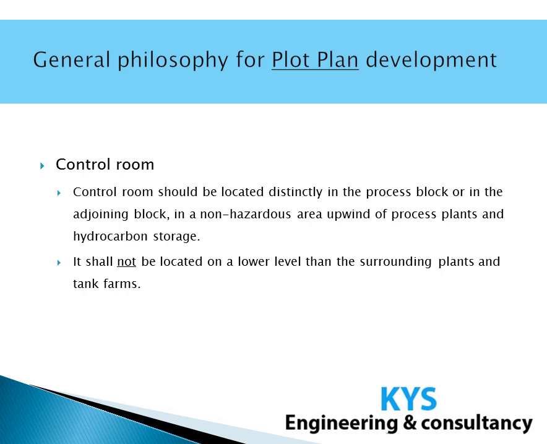Also, it shall not be located on a lower level than the surrounding plant and tank farms. It shall have alternate means of exit with door opening outside. So these are the general philosophy of control room location.